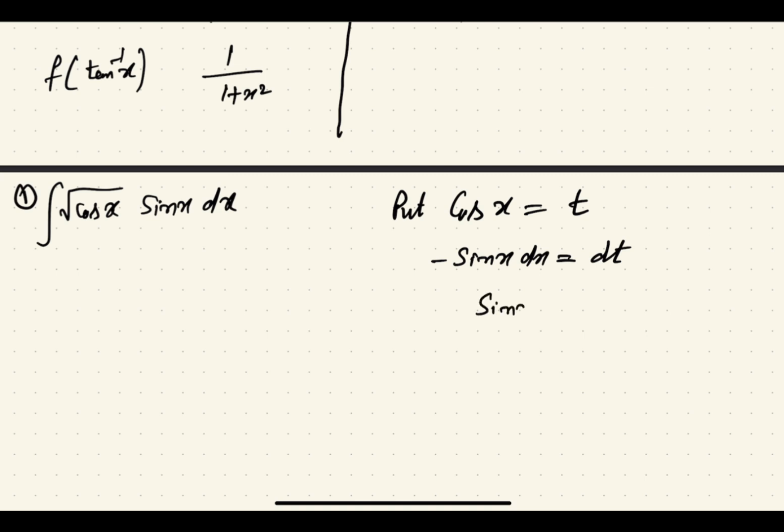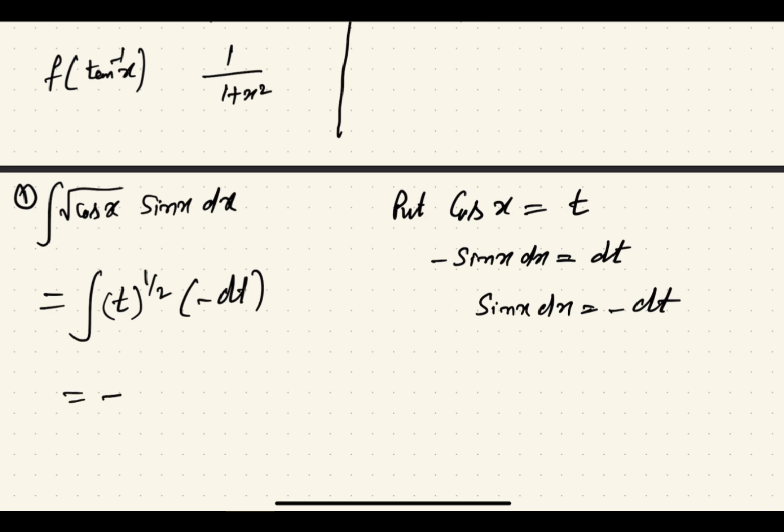Left over, sine x dx equals minus dt, and this will be t power 1 over 2, square root, you can write this way, minus dt. And this will be minus t to the 1 over 2 dt, right? You know the integral: the power increases by 1, and you divide by 3 by 2. That will be your answer.